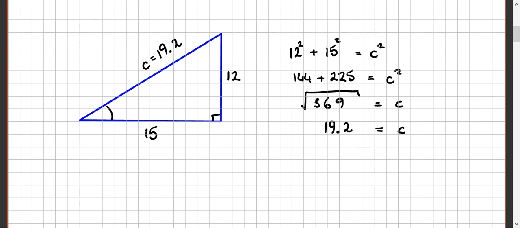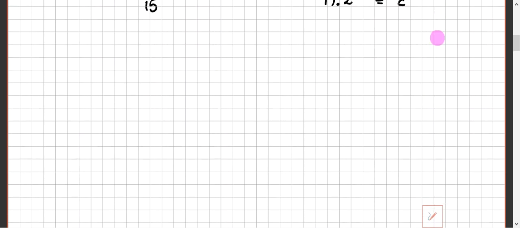First off, what are the ratios that we're normally interested in? We're normally interested in sine of an angle, which is the opposite divided by the hypotenuse.